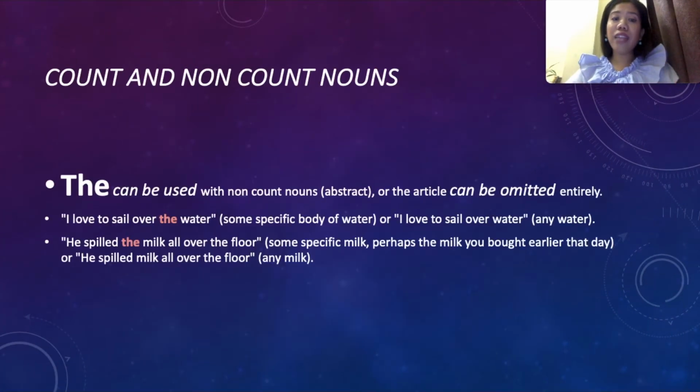Let's have count and non-count nouns. The can be used with non-count nouns or abstract nouns, or the article can be omitted entirely. Example, I love to sail over the water. But you could say, or some would say, body of water.